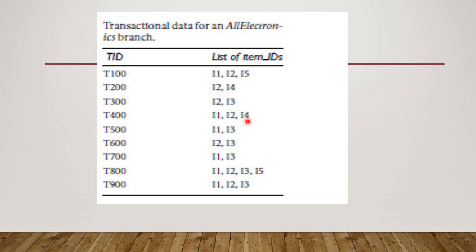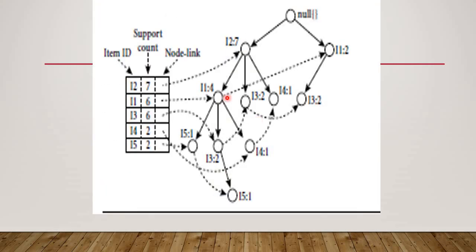Next is I1, I2, I4, which occurs as I2, I1, I4. So we follow the same path I2, I1, and I4 is a new path now, so from I1 we draw a new path to I4.